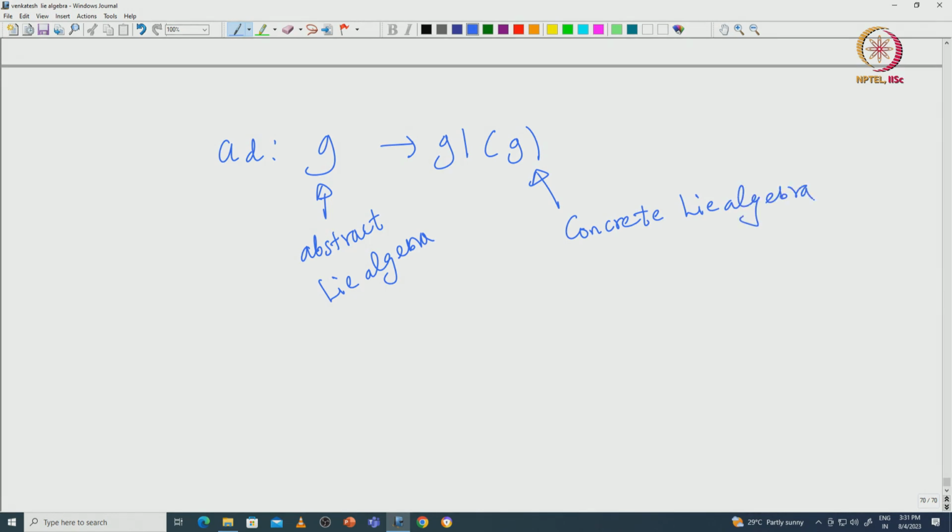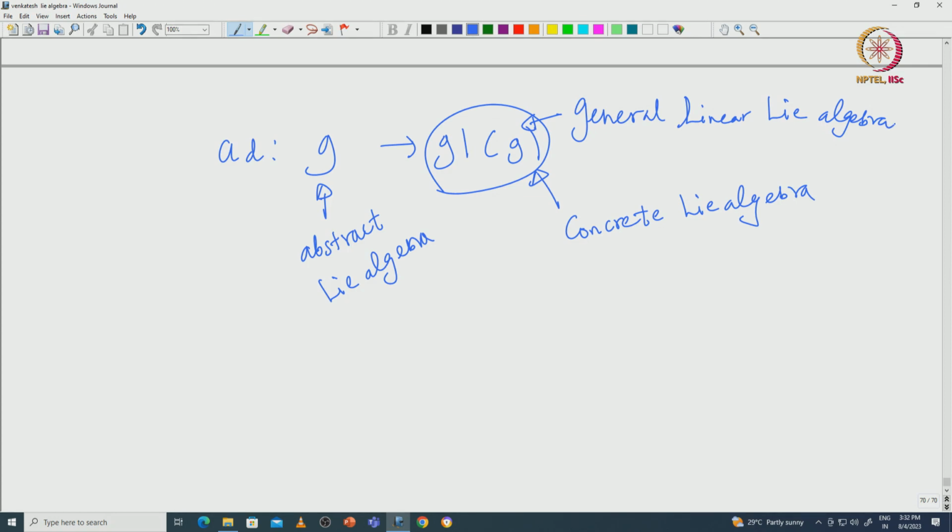G is a vector space. So, if you know the dimension, this is the general linear Lie algebra, it is a very particular example. You can do computations in this GL(G), but for an abstract Lie algebra we do not know how to do computations. Here we can do the computation using the commutator brackets. So, that is what I mean by a concrete Lie algebra.